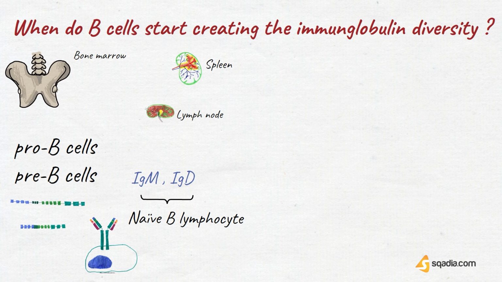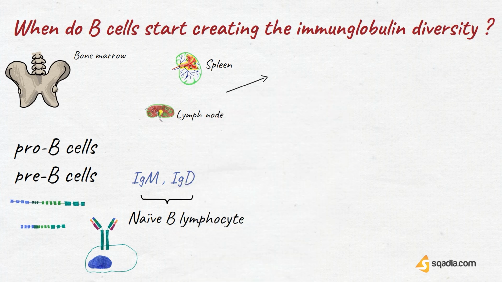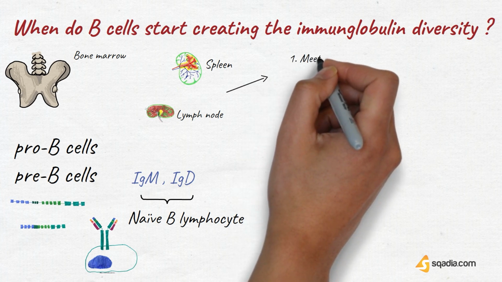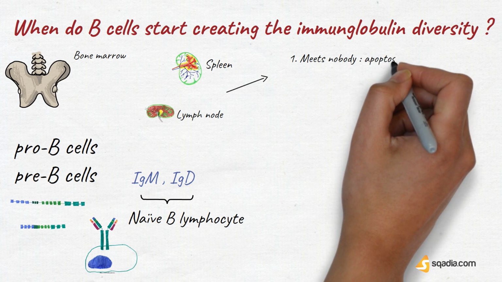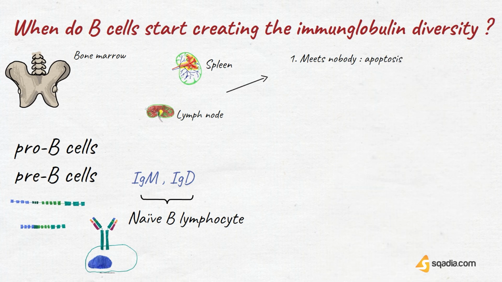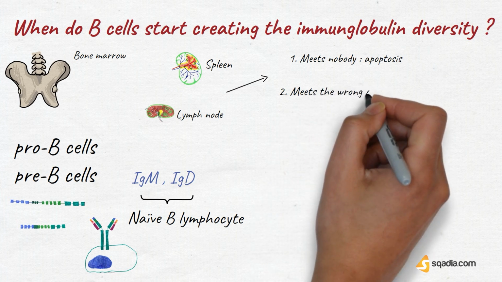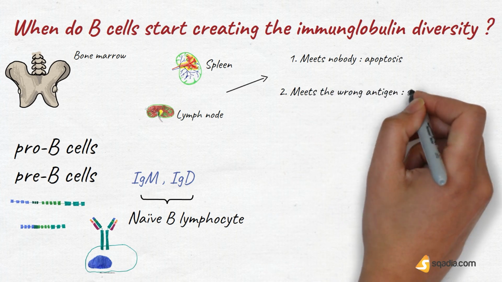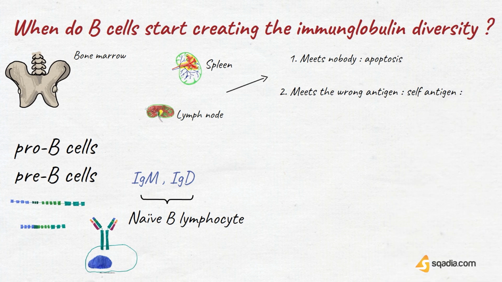The poor little lymphocytes. There are three scenarios for them. One, the B lymphocyte meets nobody, so the lymphocyte dies with apoptosis. This is a very lonely existence. Two, the B lymphocyte meets the wrong antigen. B cells think they have met the correct antigen, but in reality it is just a self-antigen.